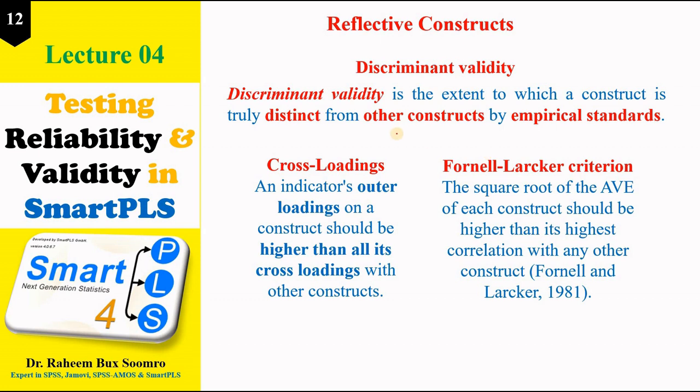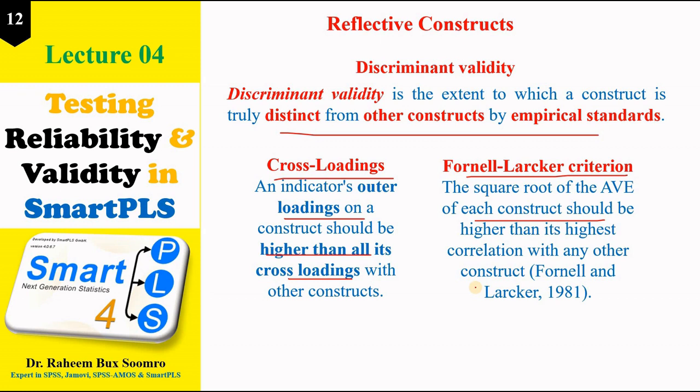Now, discriminant validity, I already told you, is the extent to which a construct is distinct from the other constructs. This can be measured with the help of cross loadings and the Fornell-Larcker criterion. Indicator loading on the construct should be higher than all cross loadings, and the square root of the AVE of each construct should be higher than its correlation with any other construct. So these two are there.